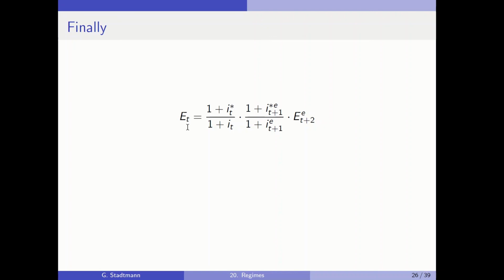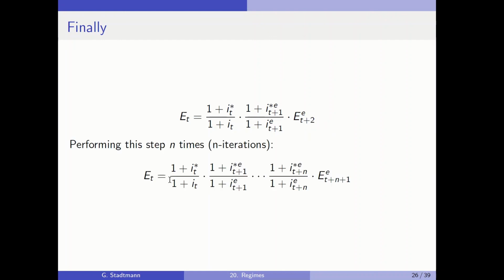The exchange rate depends on the ratios of the interest rates, realized and expected, and the exchange rate expected for the period t+2. The ratio of the two interest rates, the expected ratio in 1 year from now, and the expected ratio in n years from now, as well as the expected exchange rate level in n+1 years from now.